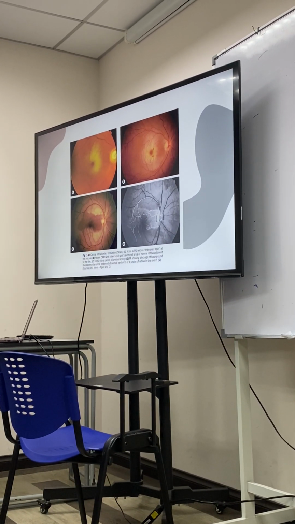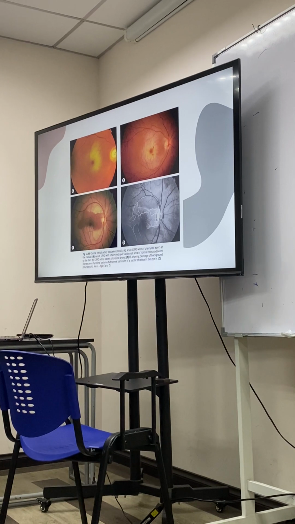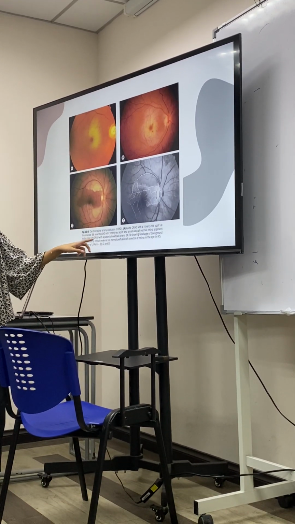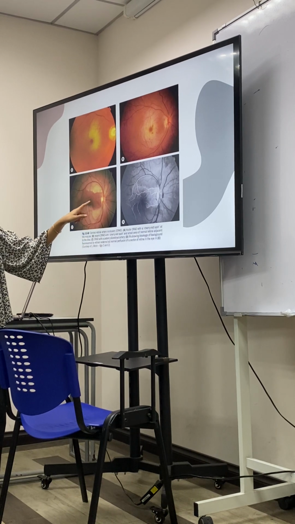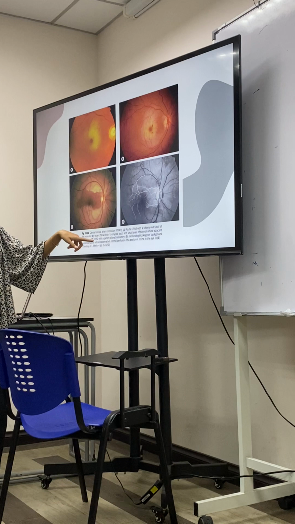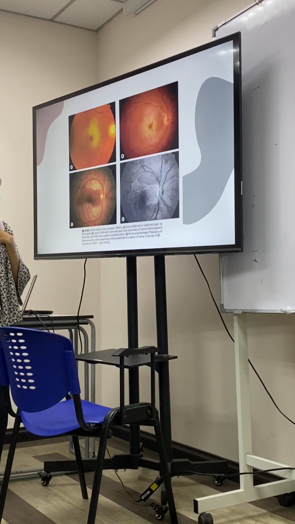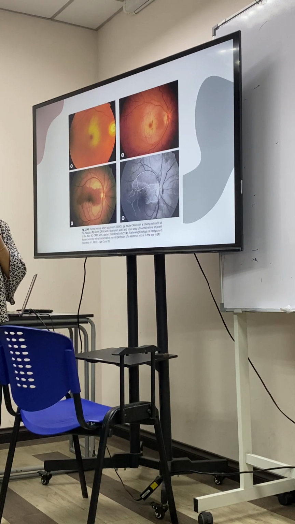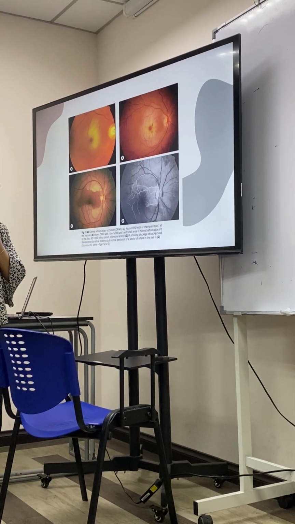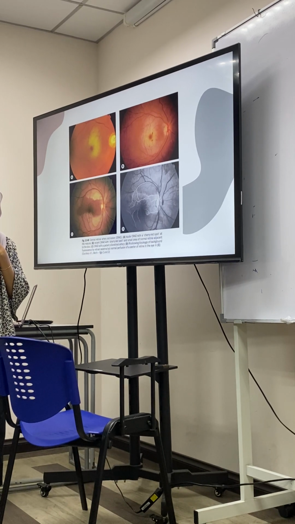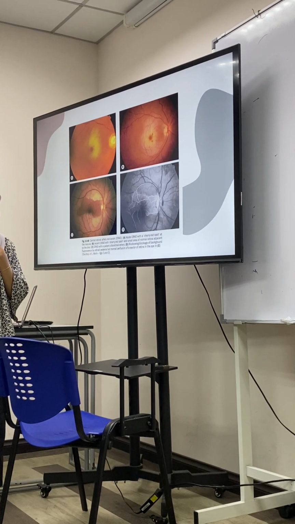And then how about C and D? Okay, C is also a cherry red spot, but with a pattern of cilio-retinal artery. Actually in C there's no cherry red spot, because a cherry red spot is seen when the whole retina is edematous and the only thing prominent is the area of the fovea.